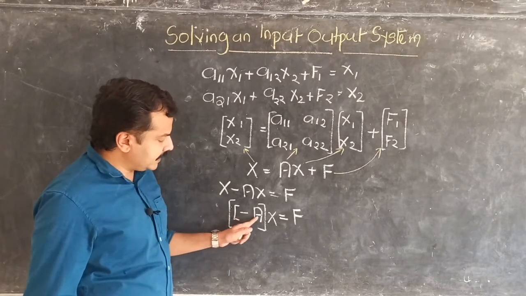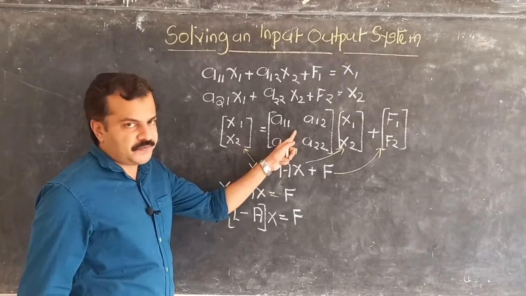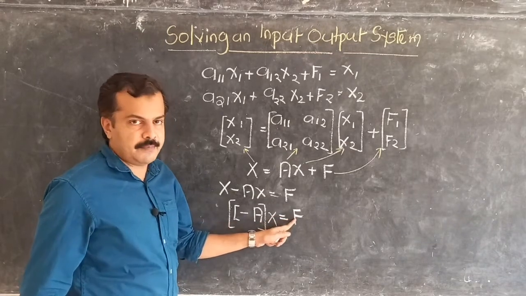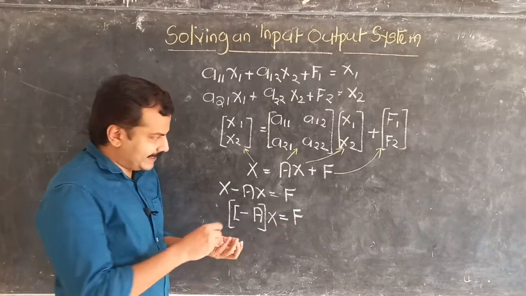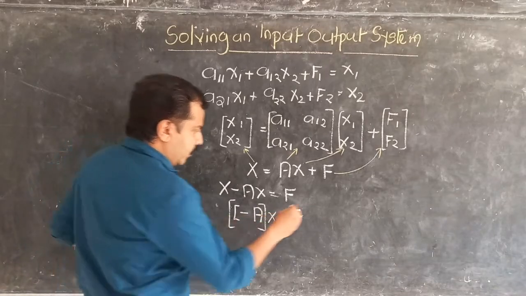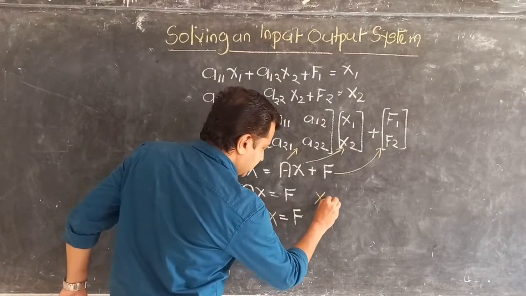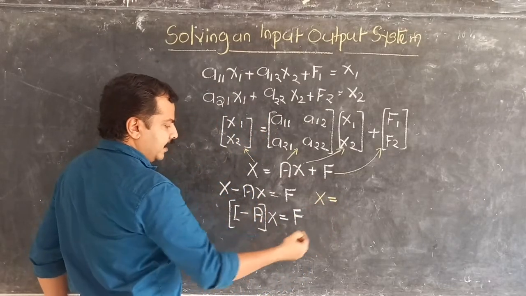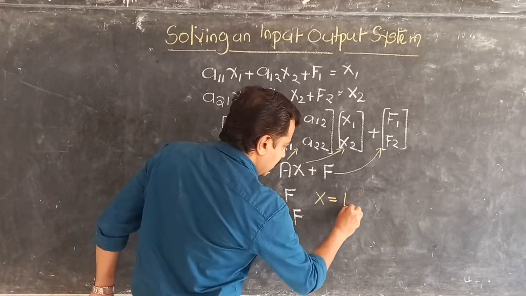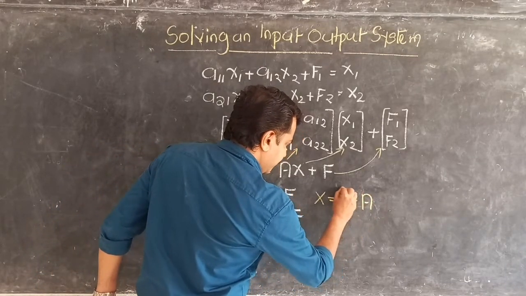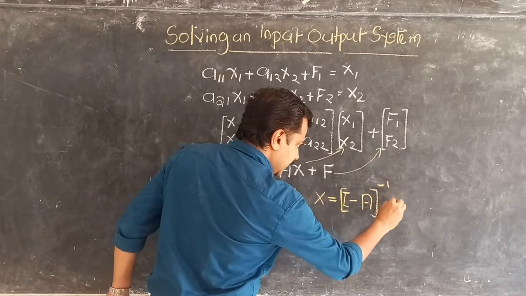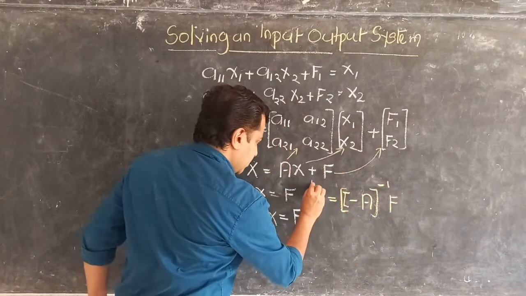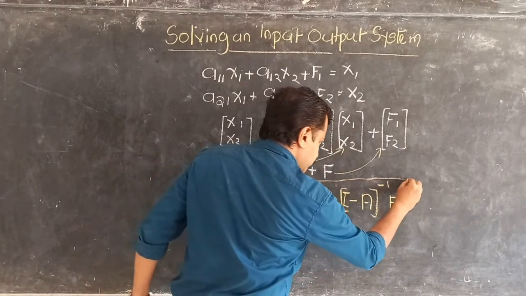So I minus A is the matrix of technological coefficients, into gross output, equals the final demand vector F. So we can solve for X. From this equation, the value of X or the gross output will be equal to, we will send I minus A to the right hand side of the equality sign, so it will be I minus A inverse into F. So this will be our formula for solving an input-output table.